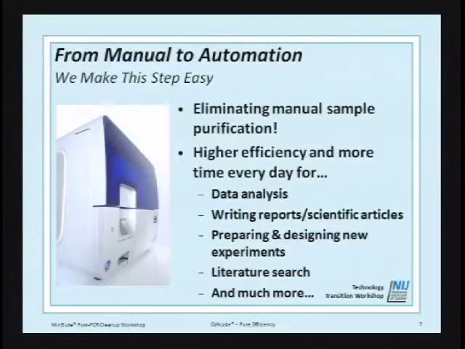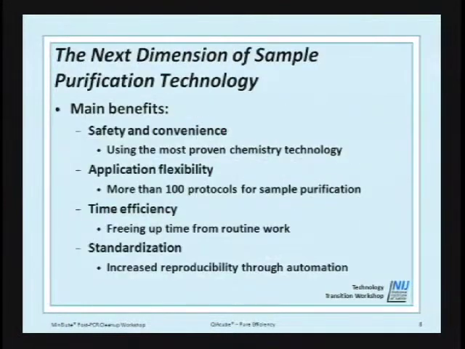So with the progression from manual to automation, basically you're eliminating manual sample purification and increasing your efficiency, using your time for other things, whether it's writing articles, designing new experiments, and doing your data analysis.